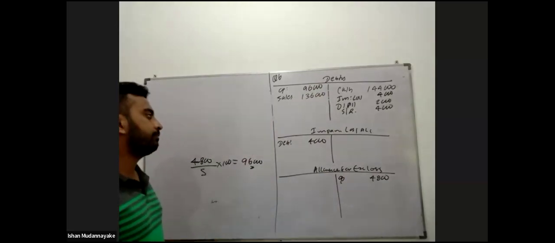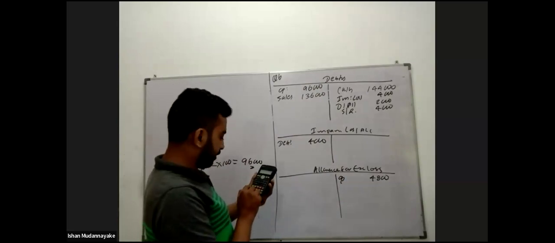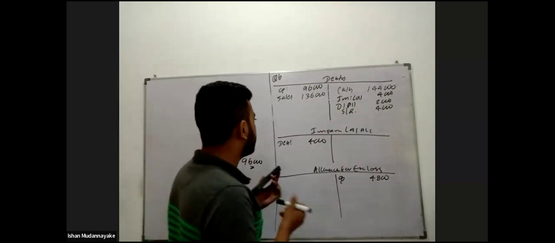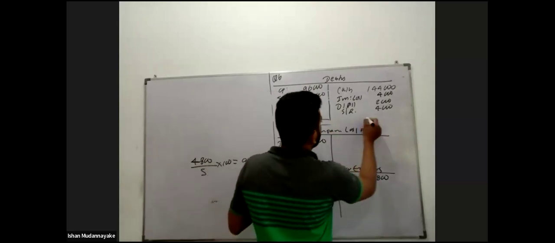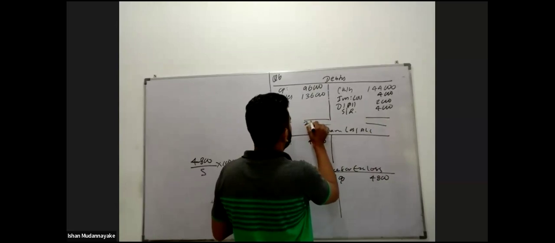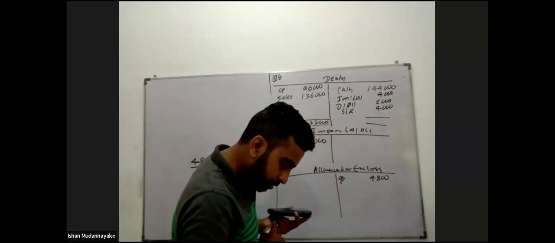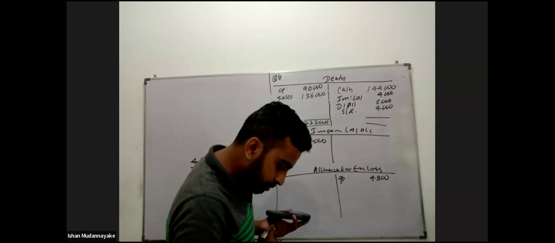Now balance the debtors account. 96,000 plus 136,000, 232,000. Sir, in question number 6, it says the expected loss policy of this business is 10%.